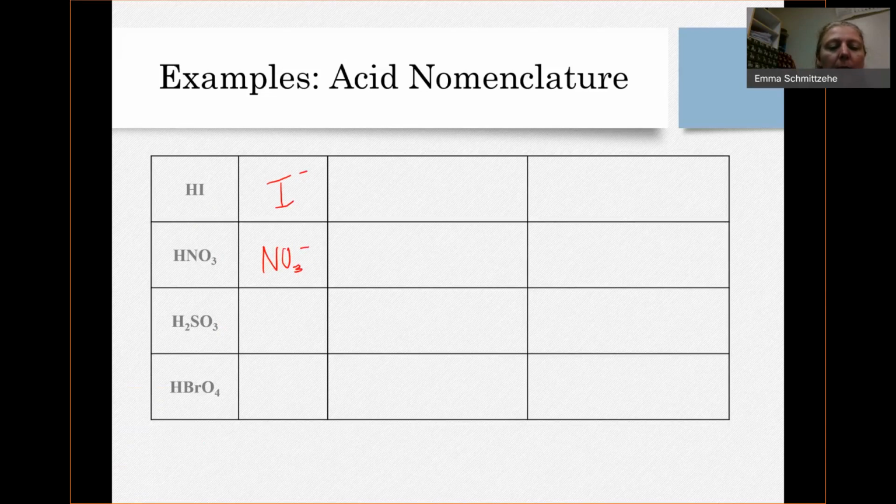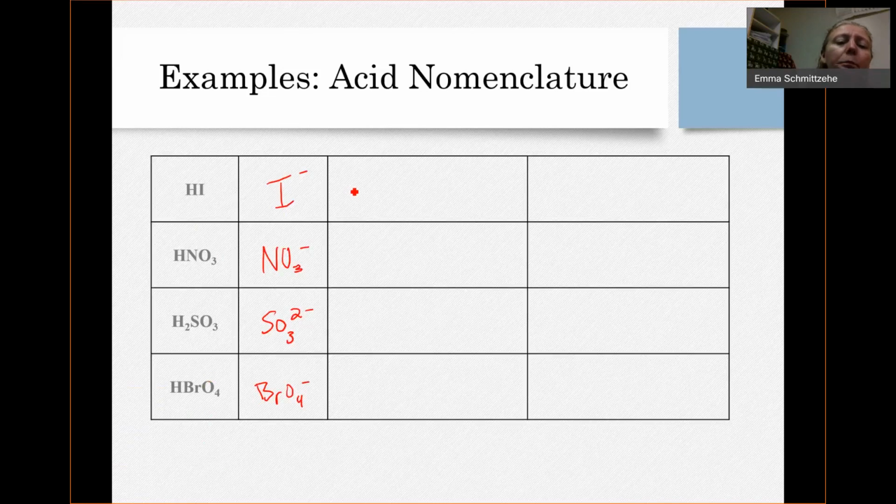And then the next one, that H2SO3 can release two H pluses, and so what's left would be SO3 2 minus. And then that last one, HBrO4, can release H+, and what's left is BrO4 minus. Okay, so those are the anions associated with those acids. And so then once I know the anions, I would name them.